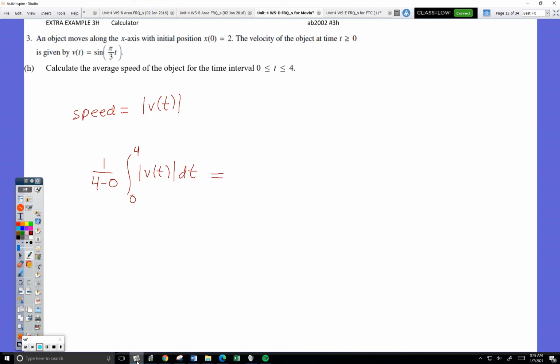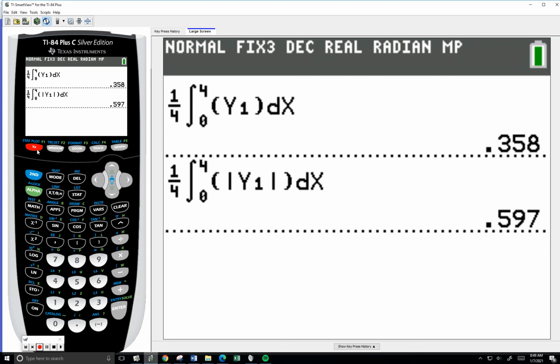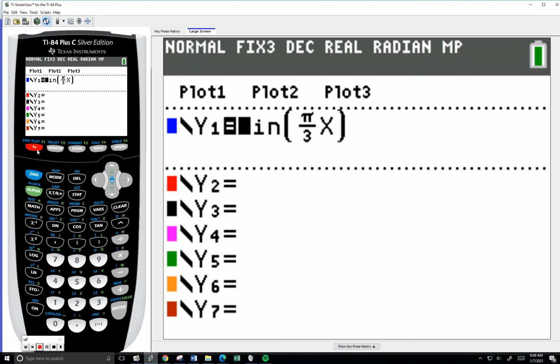Wait, why is it different than the other one? Because in this problem, the velocity, let's look at a graph. So we have in our calculator the formula for velocity.